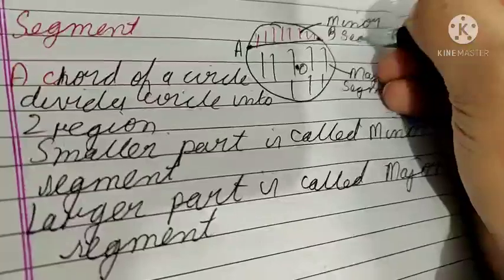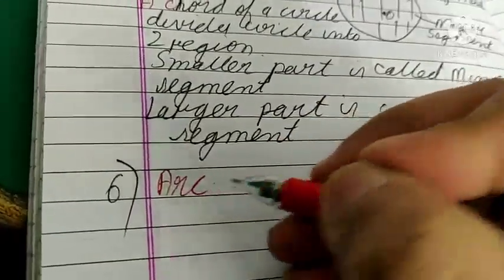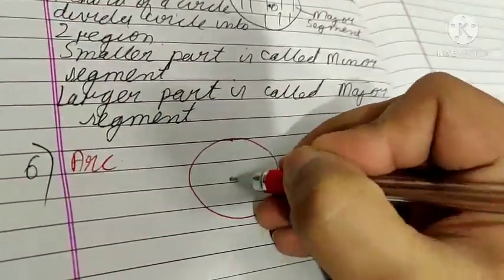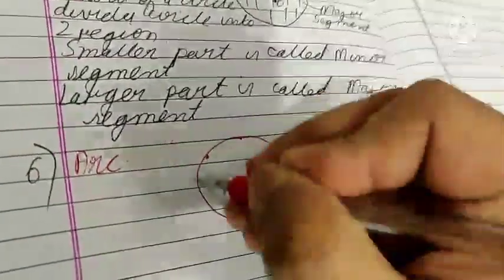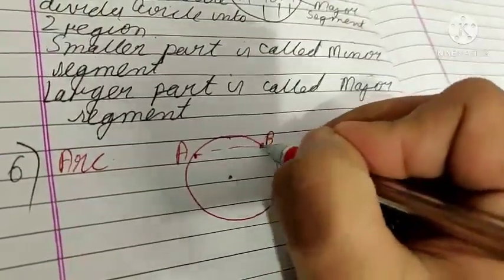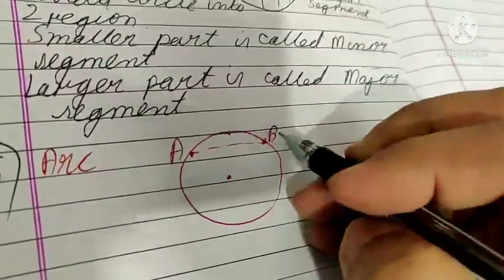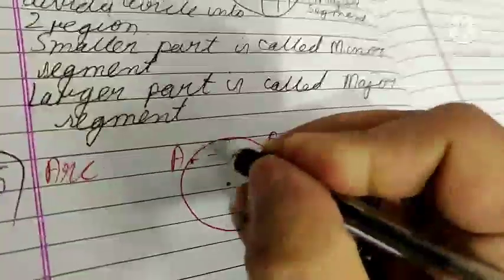And here the next part is the arc. Here this is a circle, and these are the two points that form a chord. This smaller portion is a part of a circle.